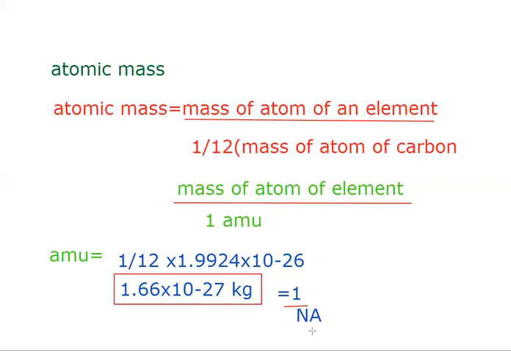That means if we divide 1 by 6.022 into 10 raised to the power 23, then definitely it is going to have the value 1.66. So we can write this AMU also as 1 upon Na, right?